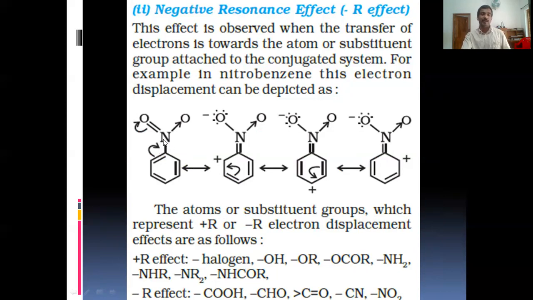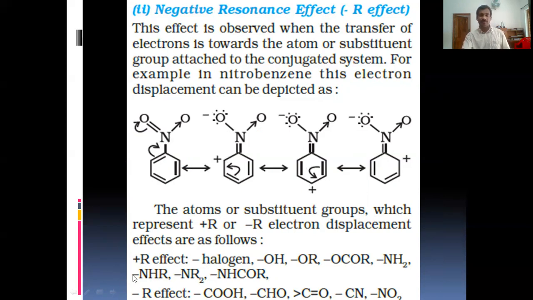When it takes this pi electron, a positive charge develops here and it gets a negative charge. So it is known as minus I effect. In order to neutralize this positive charge, it will take this pi electron. At that time this bond will break and this carbon atom will get a positive charge. That is shown here, and it will continue in this way.